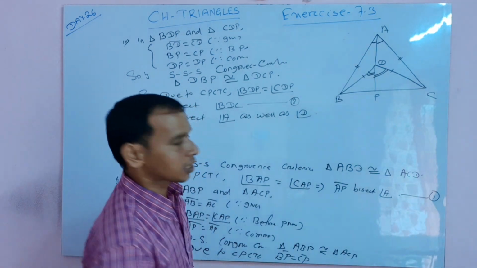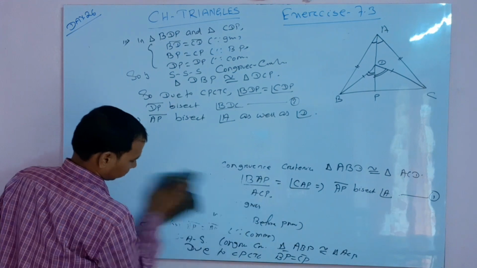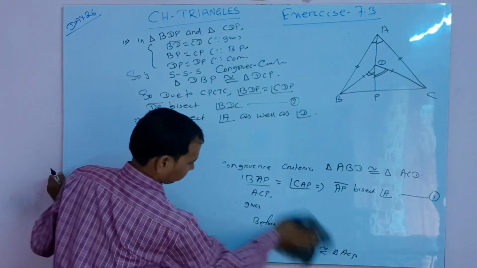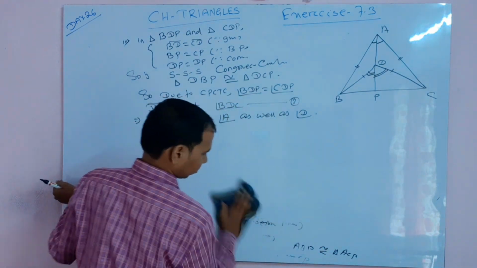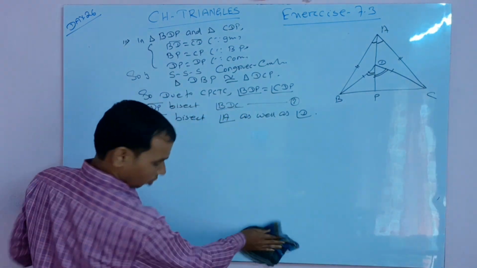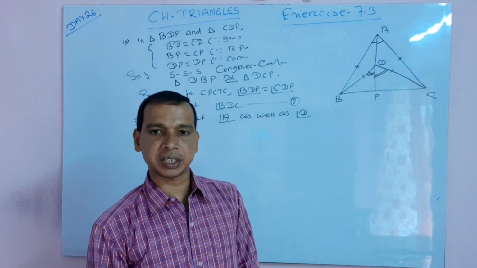Next, come to the fourth bit of the proof. The fourth proof was: AP is the perpendicular bisector of BC.